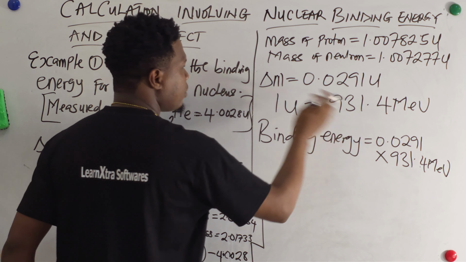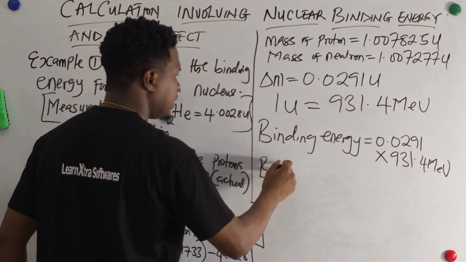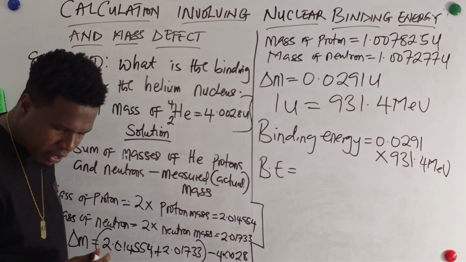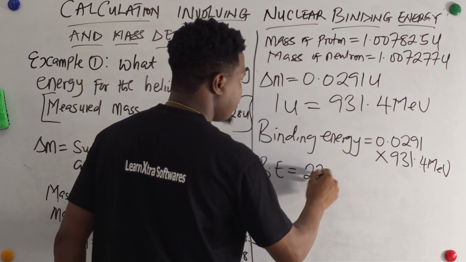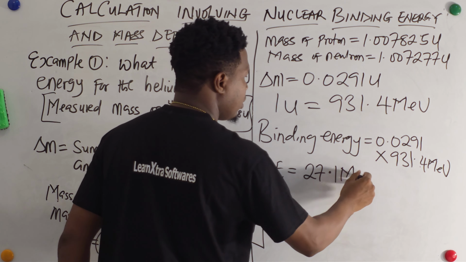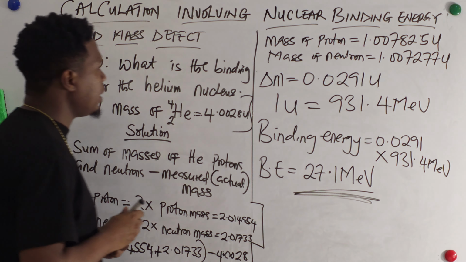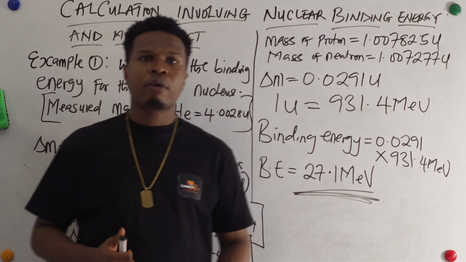What we're going to have here is 27.1 million electron volts. So this is the binding energy of the nucleus. This is how to solve problems like this.